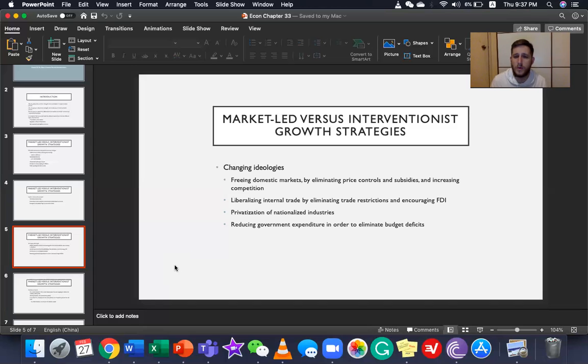We saw more opening up, fewer subsidies, increased competition, more international trade, more international competition, privatization, reducing government roles, which is actually kind of an odd thing to talk about now.